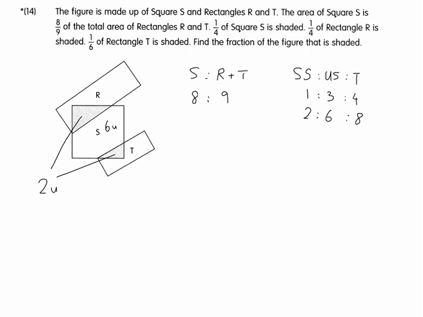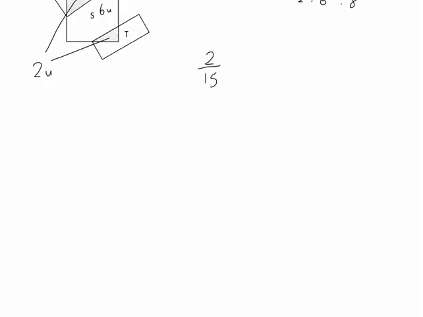Yes or no? This is the total area of the figure, but with 2 units shaded, this will be the answer. Understand? You just need to show the equivalent ratio.